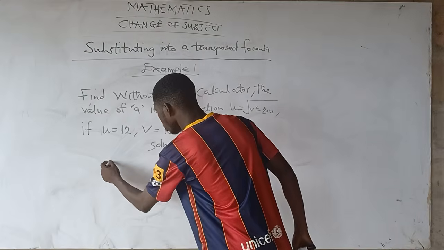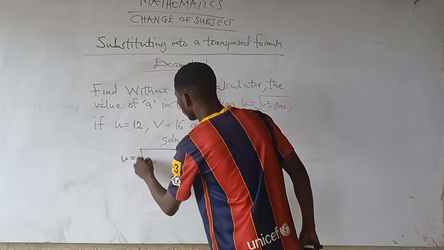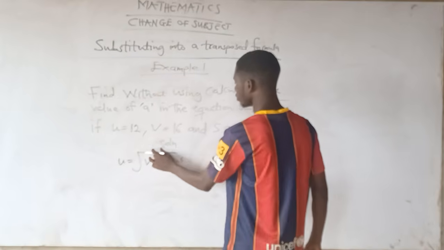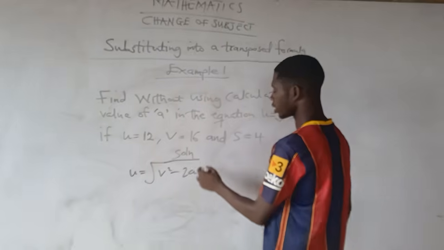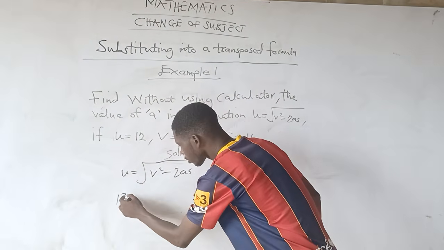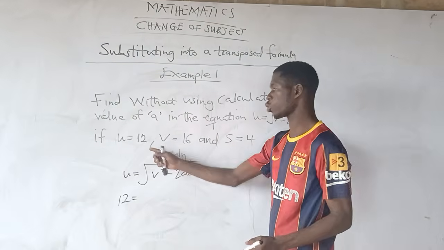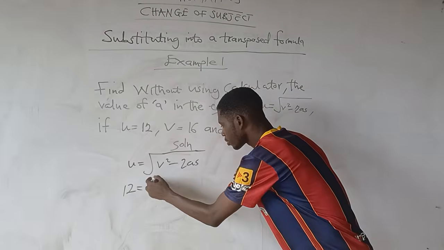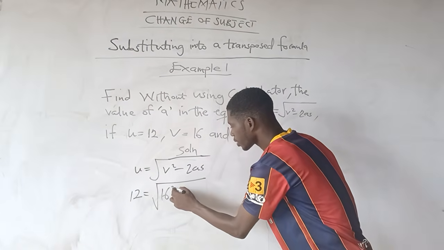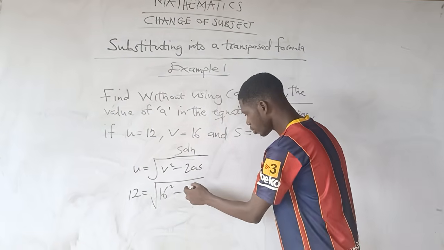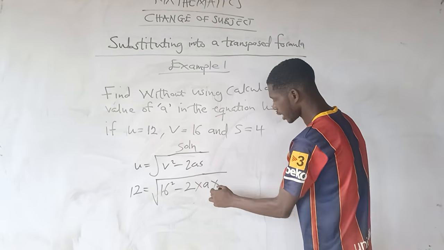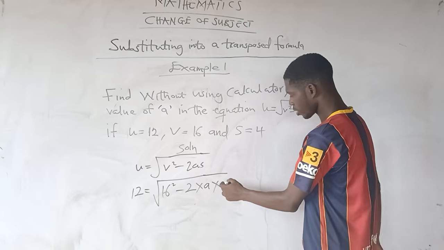So u is equal to root of v squared minus 2as. u is 12, v is 16, so square it, minus 2, multiplying a, multiplying 4.